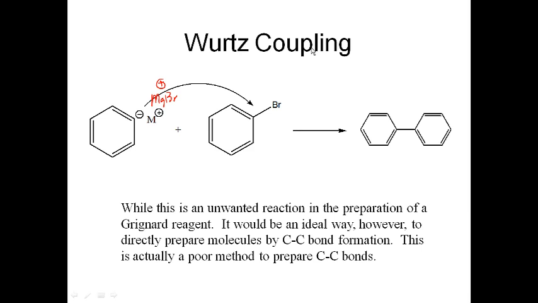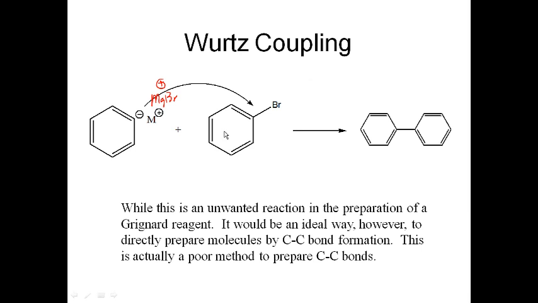Remember we talked about the term coupling last semester when we brought two alkyl radicals together to make one of the products in the termination steps of free radical halogenation. That's the same type of coupling that we're doing here.